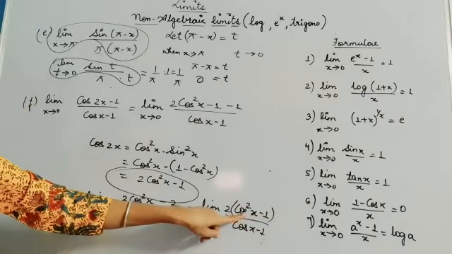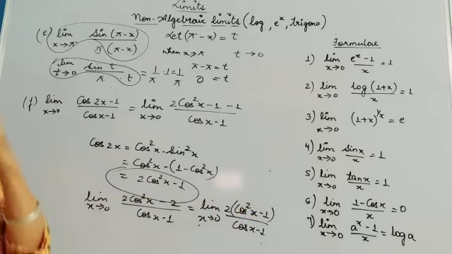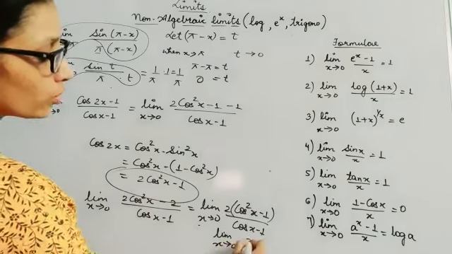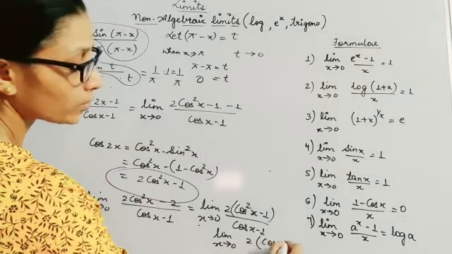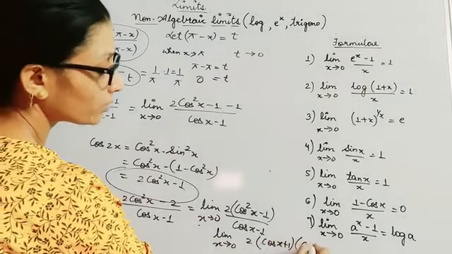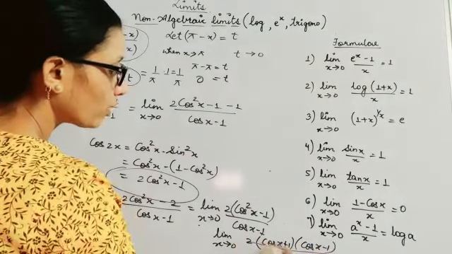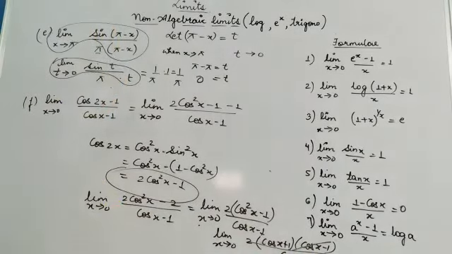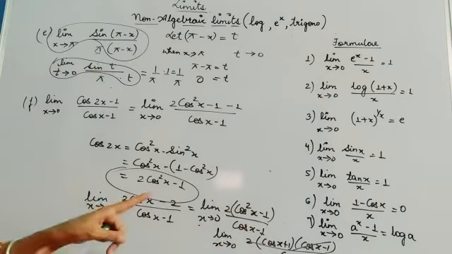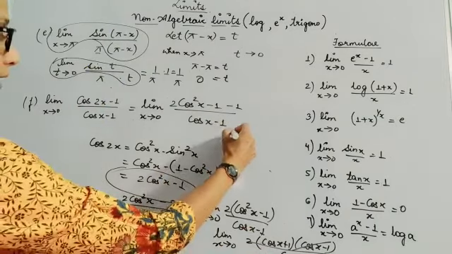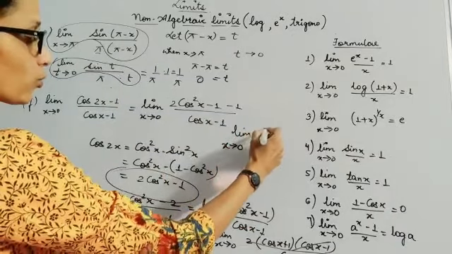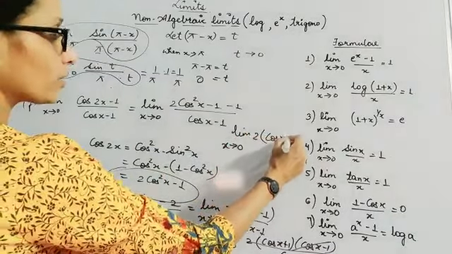Now this is a square minus b square, so it can be written as limit x tends to 0 of twice of a plus b and a minus b, whole upon cos x minus 1. So cos x minus 1 and cos x minus 1 are gone, and you are just getting 2 cos x plus 1. So I am writing the next step, limit x tends to 0, you are getting twice of cos x plus 1.